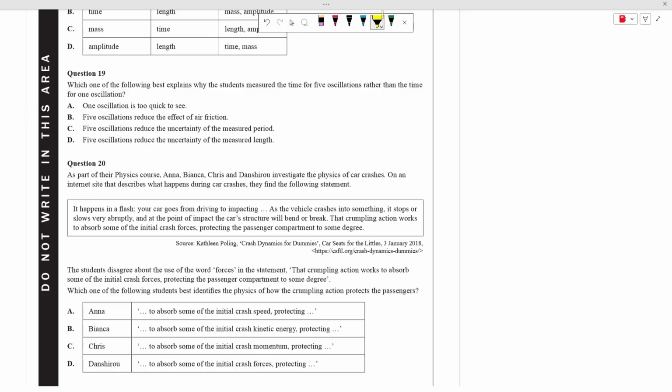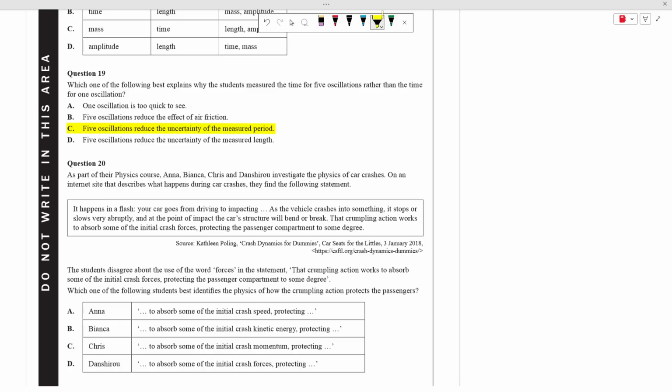So basically what you're doing is, instead of trying to quickly catch one period, you measure 5 periods. Let's put it like this. Let's say your reactions are slow. Let's say your reaction time is 1 second, I'm exaggerating here.